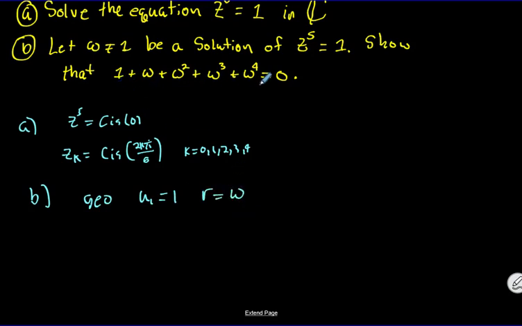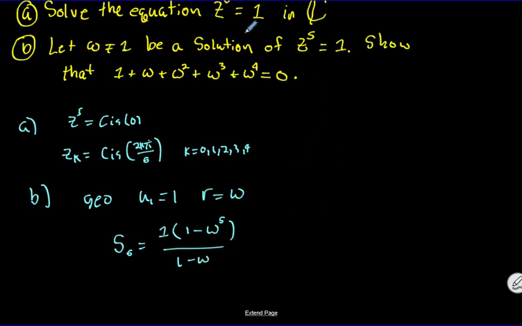So I can sum up these terms. The sum of 5 terms, if you remember the formula for a finite geometric series, is 1 minus omega to the fifth, all over 1 minus omega, right?